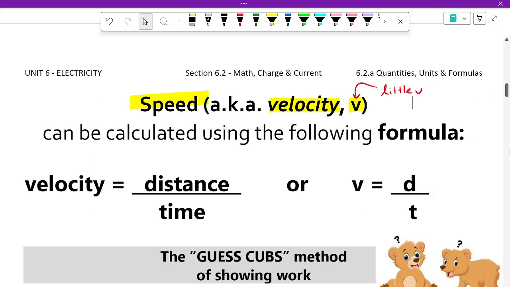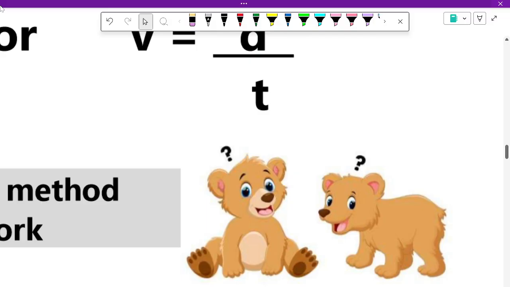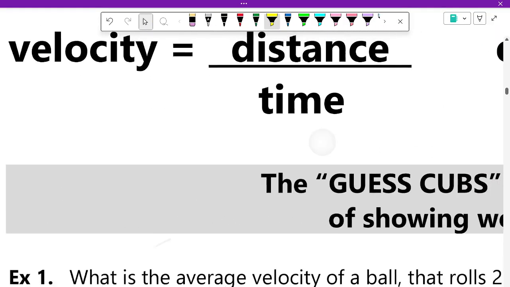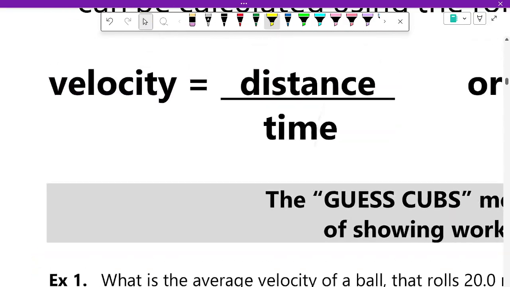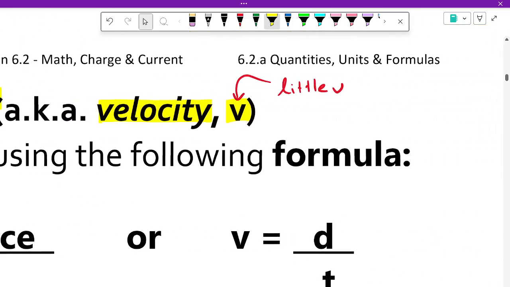Yay! Okay. And do you remember last day I told you about these little cubs that are going to show up? And what are they doing? They're guessing. Okay, they are guessing. And we are going to use this formula. This thing is called a formula or an equation.